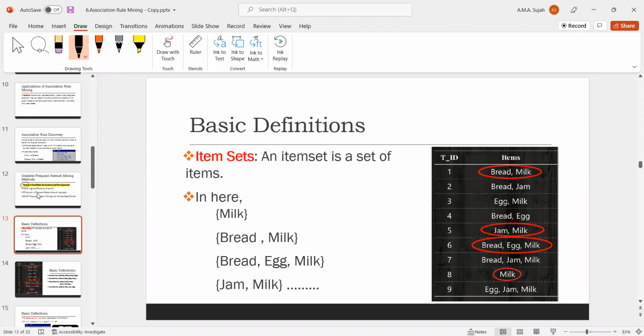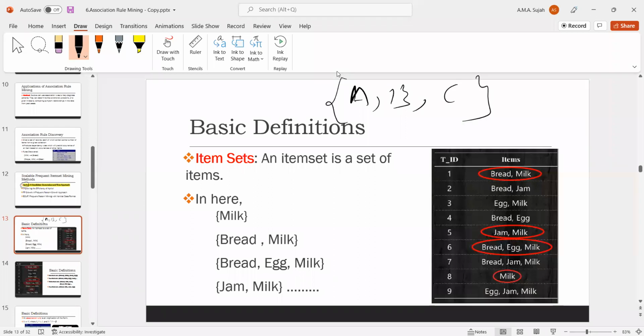Someone tell me an item set of subjects. A three item set means your item set contains three subjects. If it is subjects, you can say subject A, subject B, and subject C. This is called a three item set.